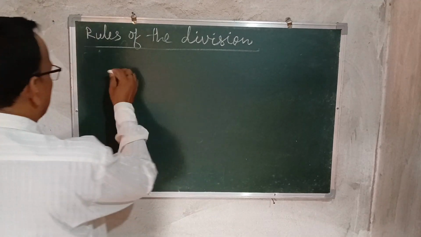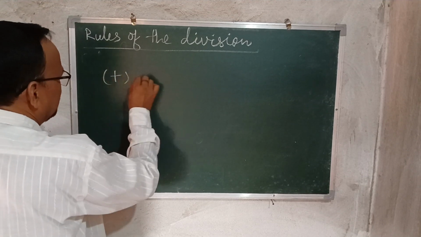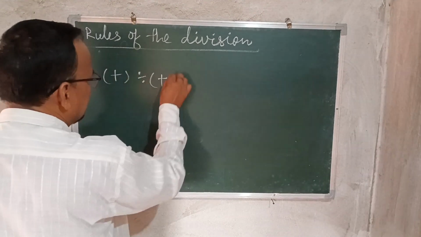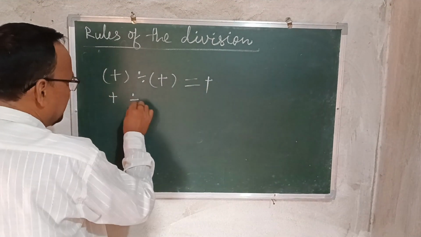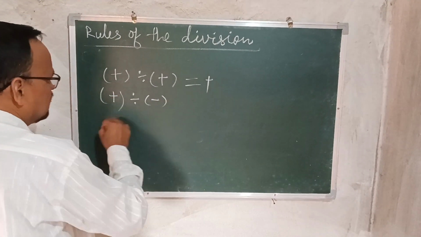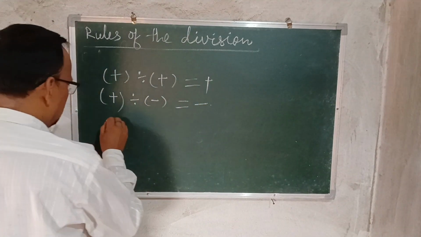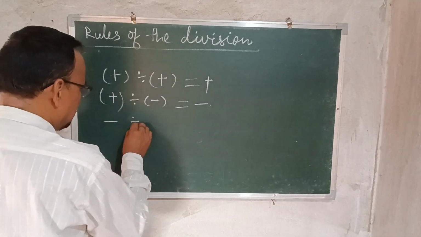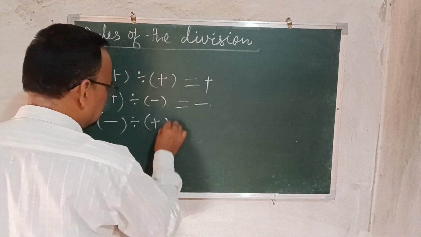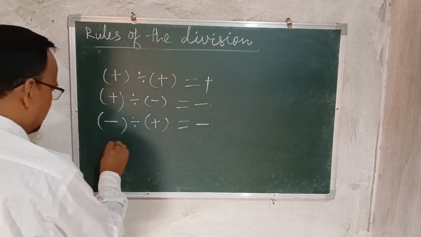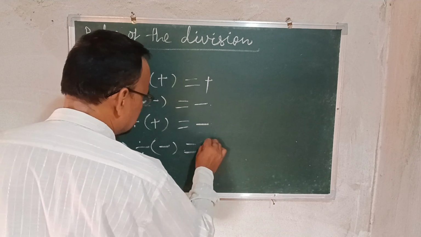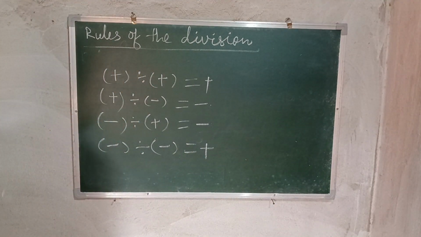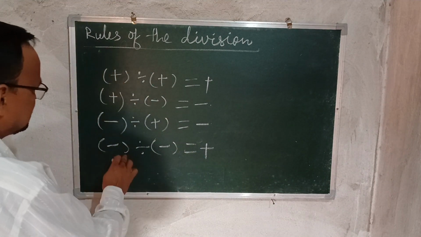So, plus divided by plus is plus, plus divided by minus is minus, minus divided by plus is minus, and minus divided by minus is plus.